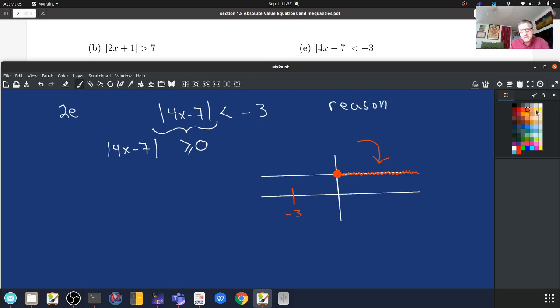So just by reasoning, a number that is greater than or equal to 0 can never be less than minus 3. There are no shared elements in those two intervals. So the answer is, in English, no real number. Or, in set notation, it's the empty set, which we denote as a 0 with a slash through it.